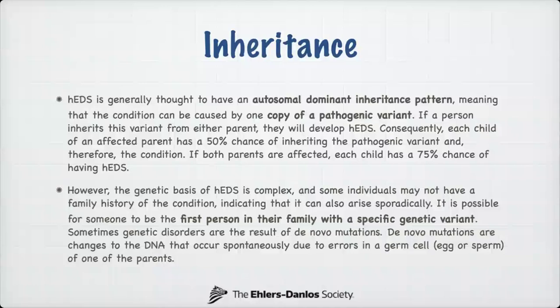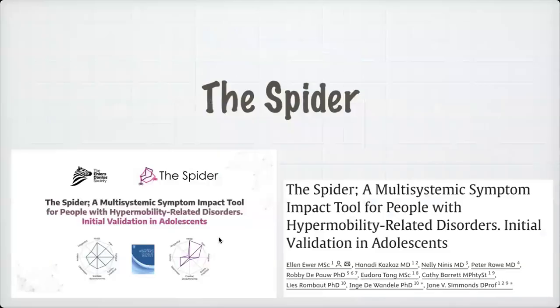However, the genetic basis of HEDS is complex, and some individuals may not have a family history of the condition, indicating that it can also arise sporadically. So it is possible for someone to be the first person in their family with a specific genetic variant. Sometimes genetic disorders are the result of de novo mutations. De novo mutations are changes to the DNA that occur spontaneously due to errors in a germ cell, egg, or sperm of one of the parents.